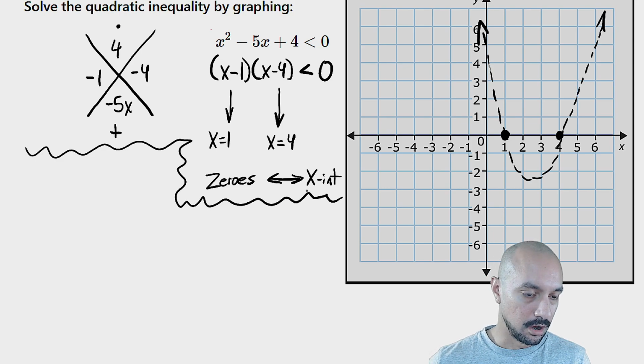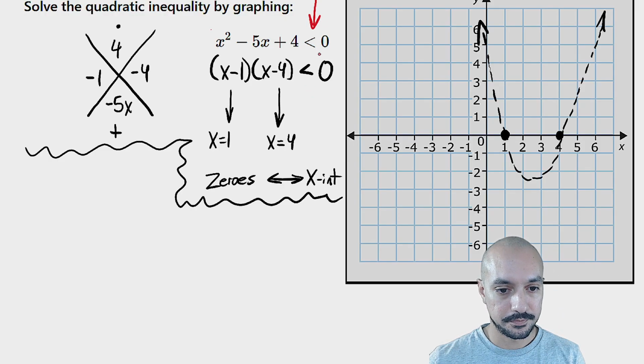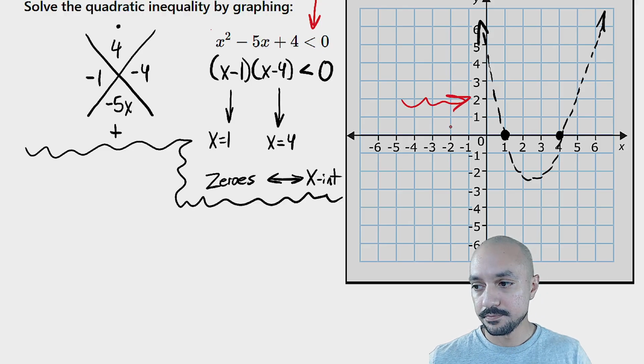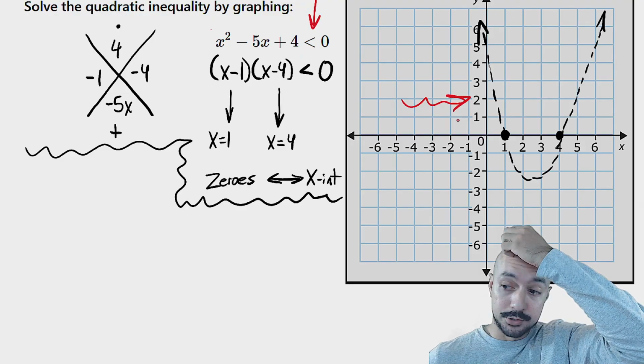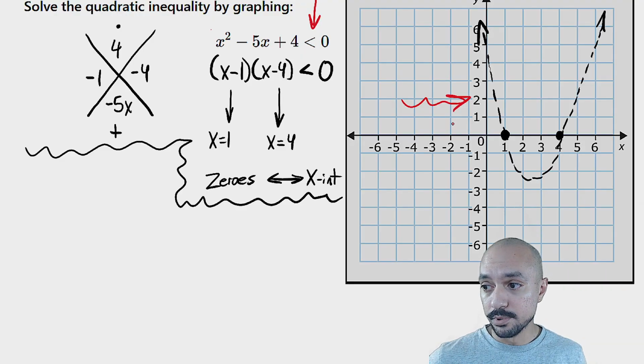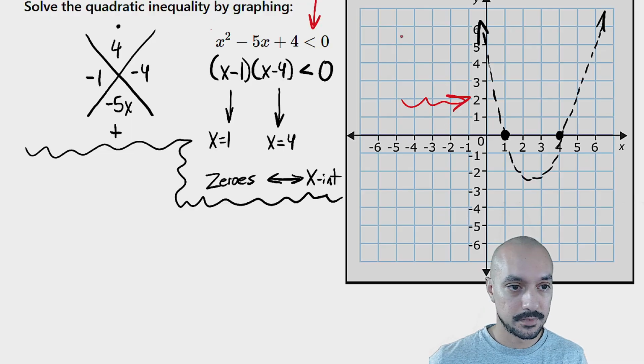So our quadratic inequality says that we have to be less than 0. So let's look at our boundary parabola, and let's consider all the places where the y value is less than 0.